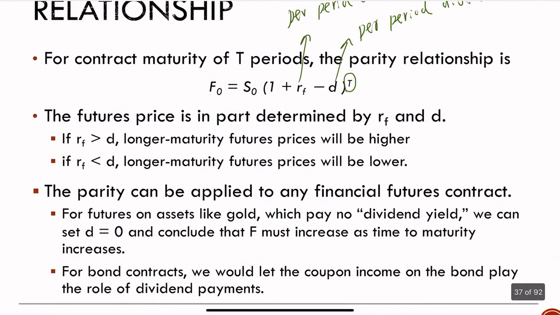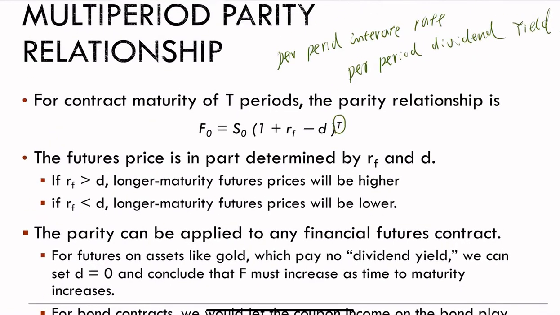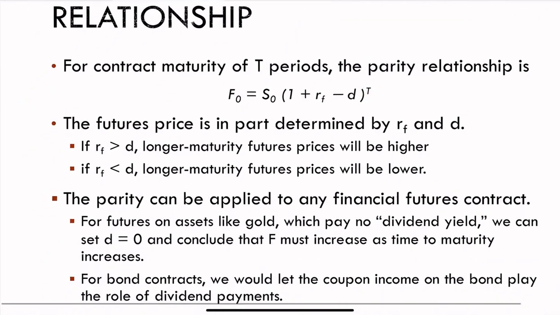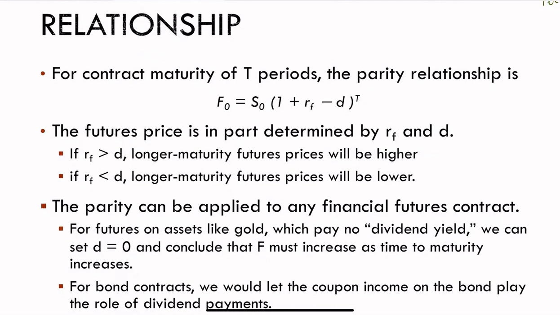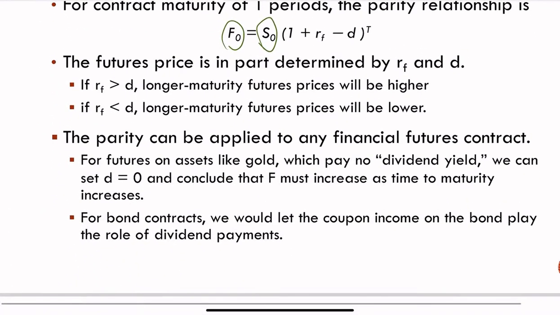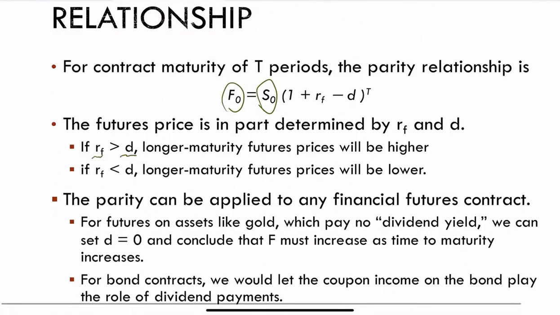Now we will get some very interesting results. If you think about the relative magnitude of F0 versus S0, you will easily see that if the risk-free rate is larger than D, that is, if the interest rate is larger than the dividend yield, then longer maturity futures prices will be higher.